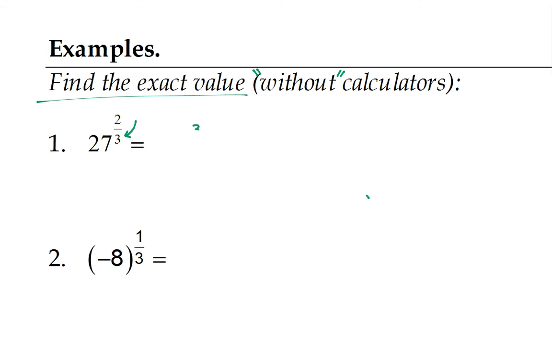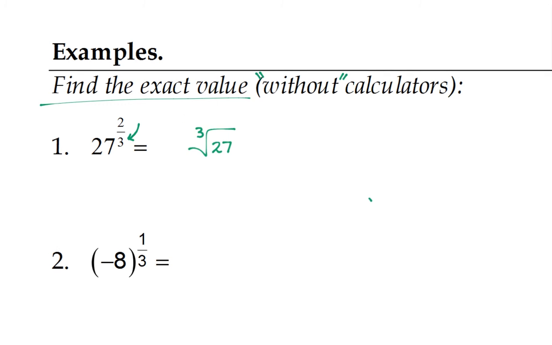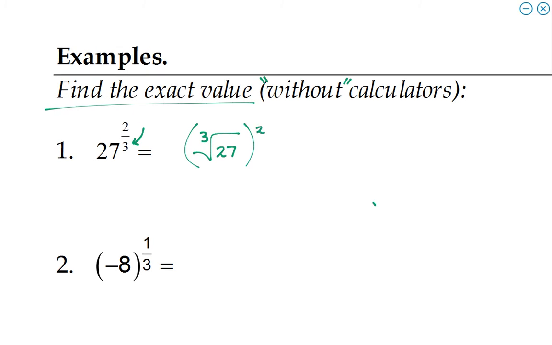So this is a cube root of 27. And then once we get that answer, we're going to square it. The cube root of 27 is something you should know by now. That's just 3. We still have to square it. We get 9.